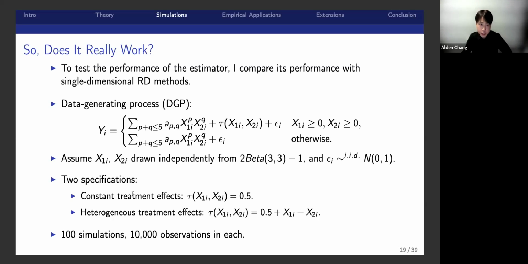In one specification, we have constant treatment effects, so the treatment effect is constant along the treatment frontier. In the second specification, I'll consider heterogeneous treatment effects, where the treatment effect is increasing in one running variable and decreasing in the second. For each specification, I'll be conducting 100 simulations, and I'll have 10,000 observations in each simulation.